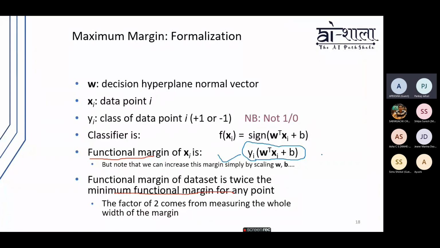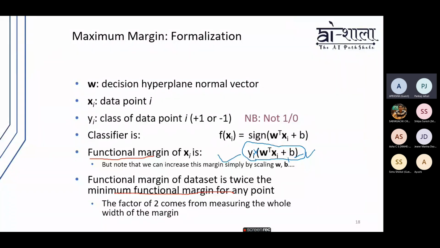Twice, because you want to maximize the distances over both the sides. This is the equation of the line multiplied by yi. So whenever someone asks what is the functional margin of any point xi, you will say this is the functional margin.